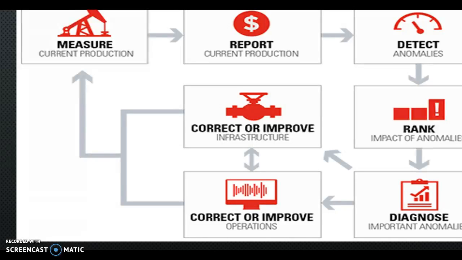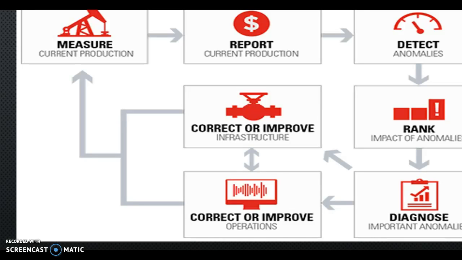So again, we have another diagram here, and this is the way to look at it. Starting here, you look at your current production and where you're operating now. You record your numbers, report it, and you detect any anomalies. Anomalies are things that may cause a spike up in downtime or something for it to go wrong.